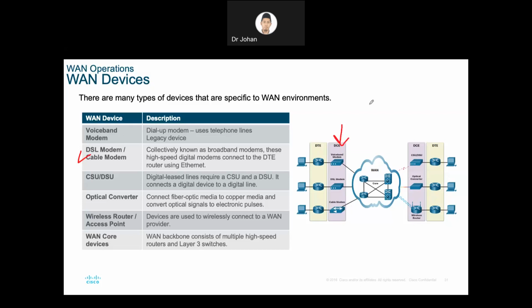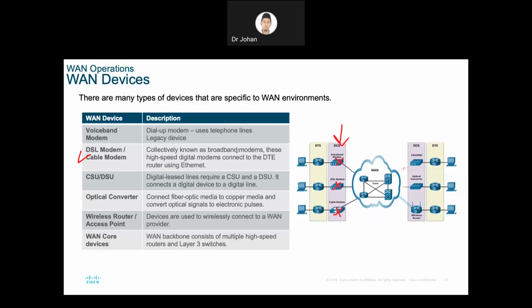Voice modem is this one, this one is for DSL, and this one is for cable. Basically, DSL and cable modems are collectively known as broadband modems, high-speed digital modems that connect to the DTE router using Ethernet.